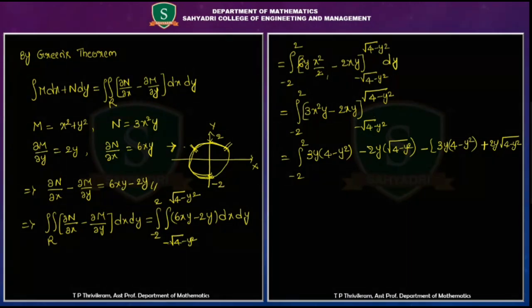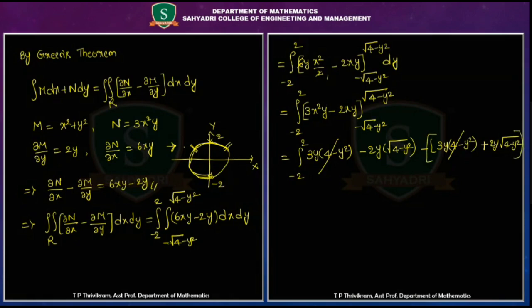So which one will get cancelled now? 3y into 4 minus y square. So these get cancelled. So here also you'll get cancelled. So how much you'll get? Minus 4y into root 4 minus y square. Minus of this.